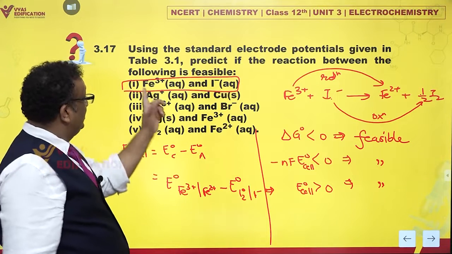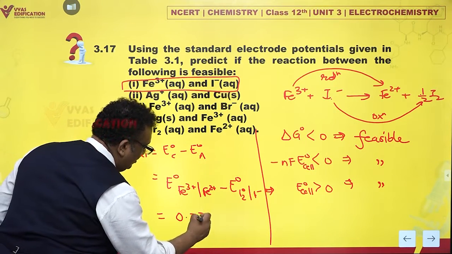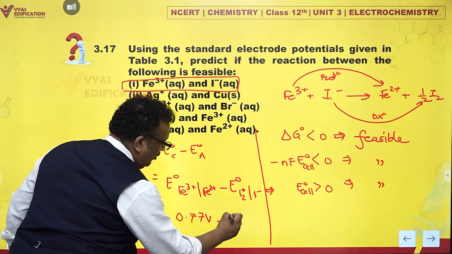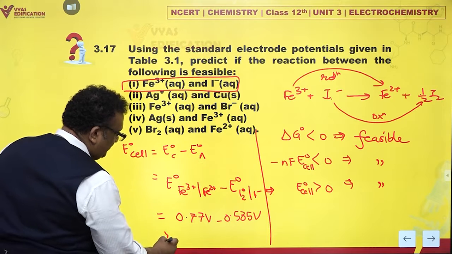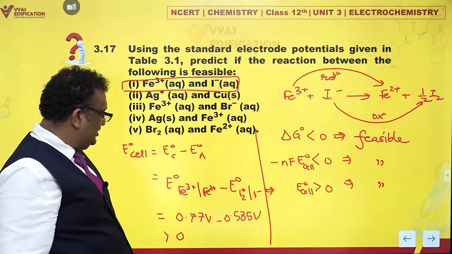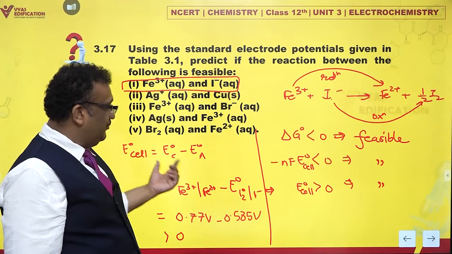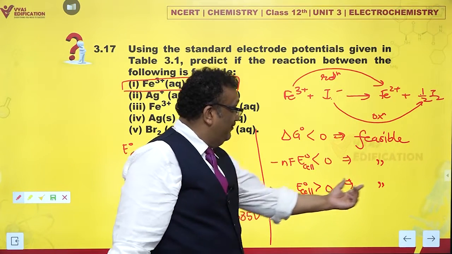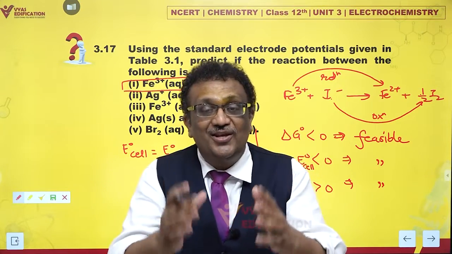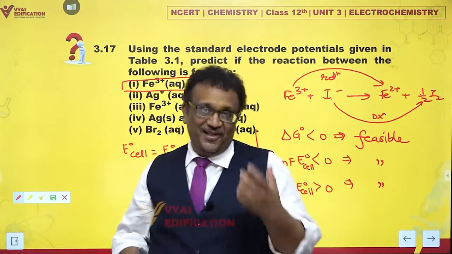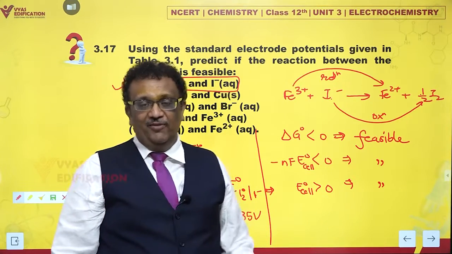If I look in the table 3.1 as they have mentioned, I would discover the values as 0.77 volts minus 0.535 volts. Is this positive? Of course it is positive. If it is positive, that means E naught cell is positive, which means that delta G naught is negative, which means that the reaction is feasible. There we are. It's feasible. Done.